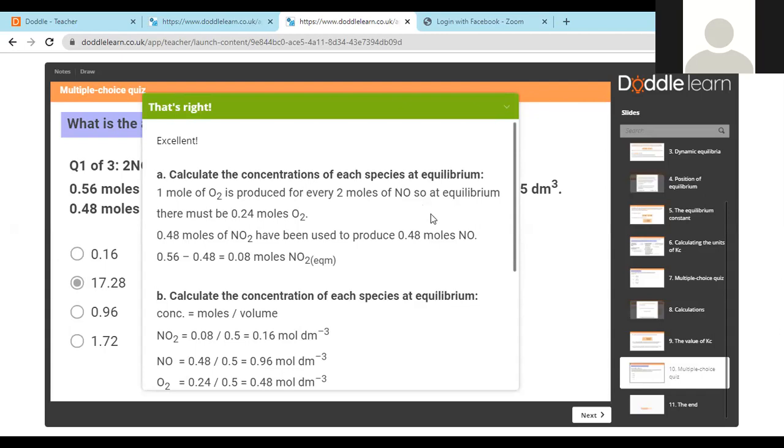Therefore, we have 0.48 moles of NO2 used to produce 0.48 moles NO. So 0.56 minus 0.48 equals 0.08 moles.